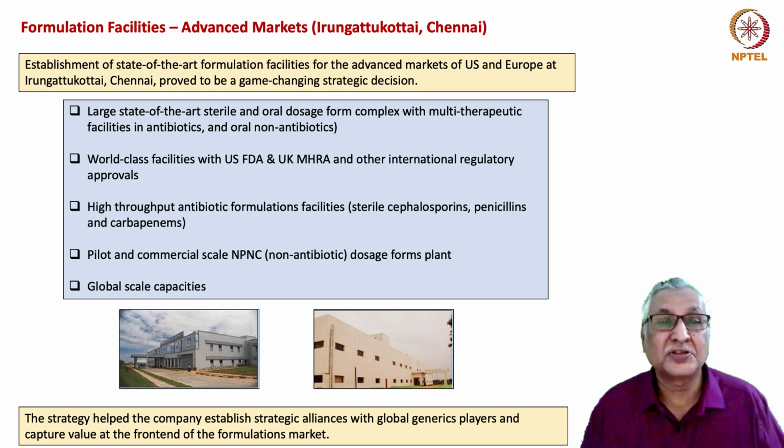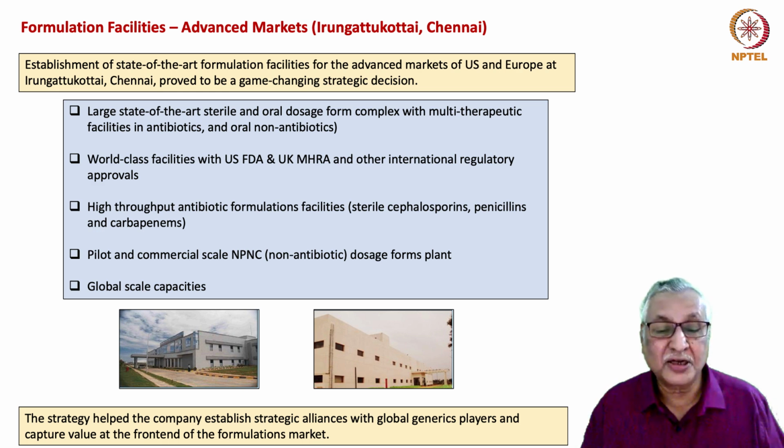And that formulation facility was designed for advanced markets from day one. The facilities comprised large state-of-the-art oral and sterile dosage form lines with multi-therapeutic capabilities, world-class facilities with US FDA and UK MHRA and other international regulatory approvals, a high-throughput oral cephalosporin formulations facility, a pilot and commercial scale NPNC non-antibiotic dosage forms plant, and global scale capacities.